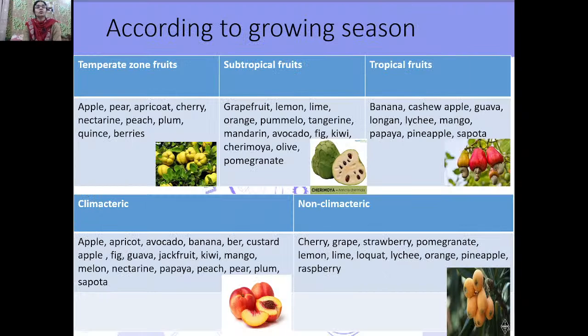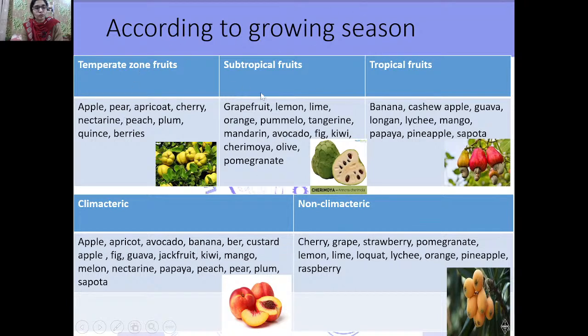Then according to the growing season, whether they are grown in the temperate zone or the subtropical zone or the tropical zone, on this basis questions are also asked, like apple is a temperate fruit, or avocado is a tropical fruit or a subtropical fruit or a temperate fruit.